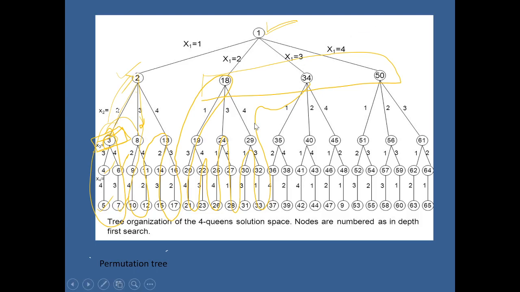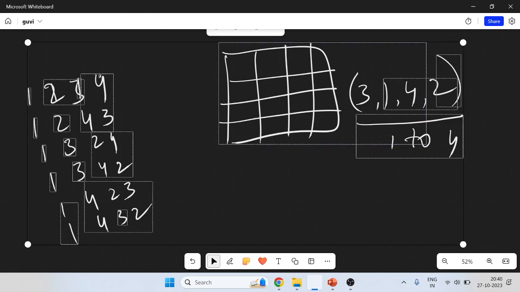So let us understand how to search for a solution for the 4 queen problem. Assume that this is your board, a 4x4 board, and I'm starting from here. Okay, and I'm taking the decision for my x1. I want to put my queen 1 here, so queen 1 here, and then I came here.